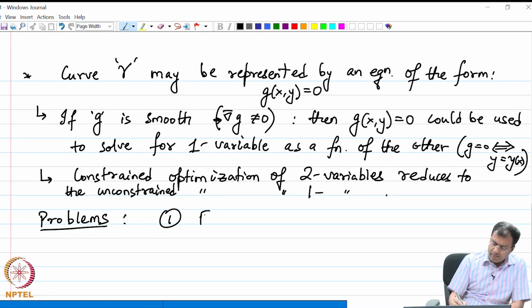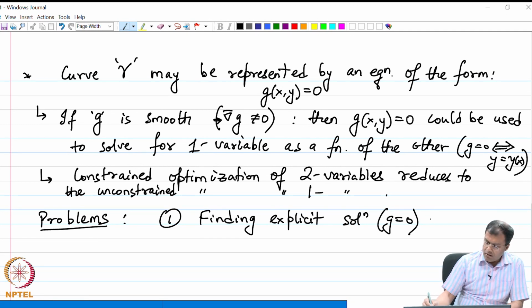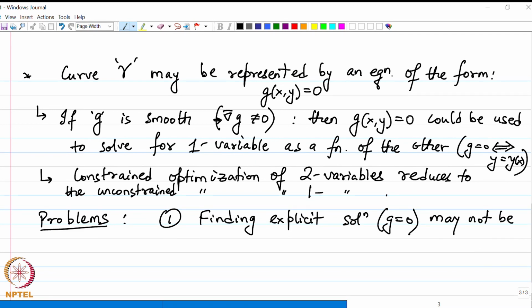So, finding explicit solution of g equal to 0 may not be possible or convenient, I would say convenient, right, at least analytically.